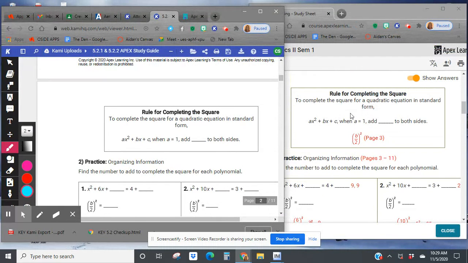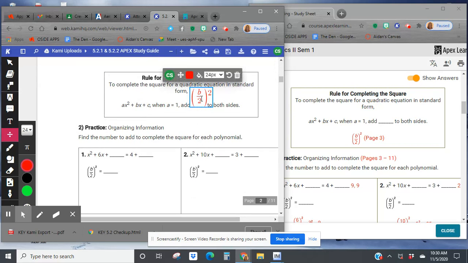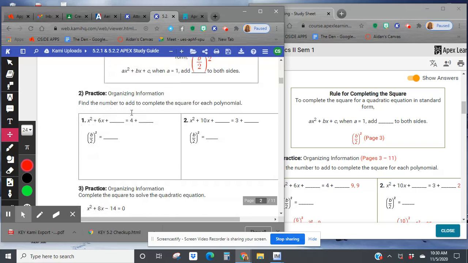So this little formula that we started seeing in our homework last night is (b over 2) squared. You're taking the middle term, cutting it in half, and squaring it. This is the little formula that we're going to use in order to complete all these squares.